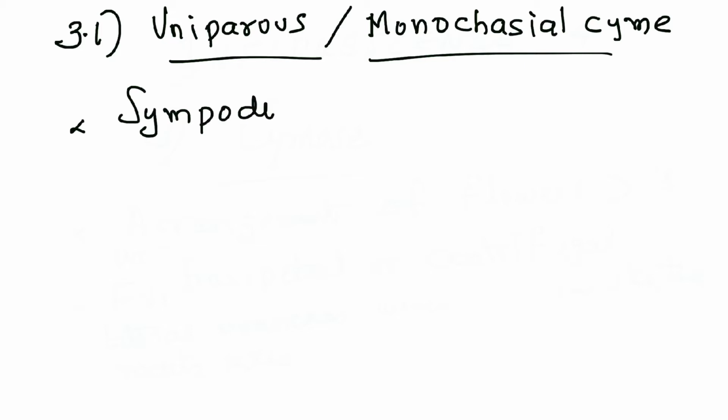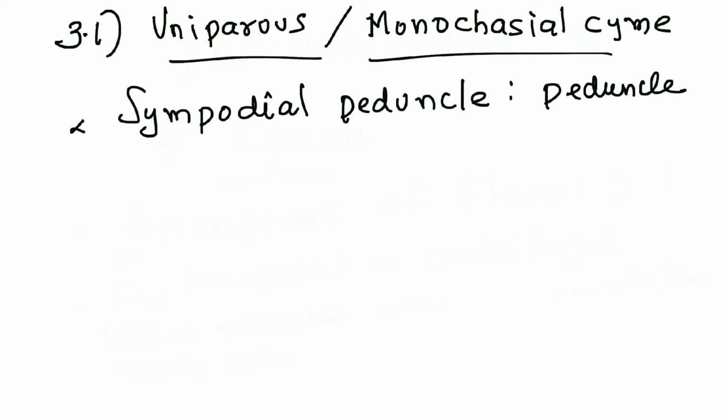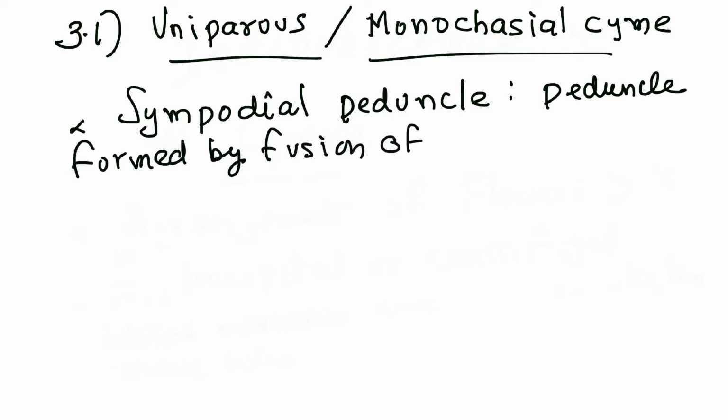We know that peduncle means the axis on which all the flowers are arranged, or the inflorescence axis. So sympodial peduncle means that the peduncle is formed by the fusion of the bases. The fusion occurs at the base of the axillary branches and the main axis.